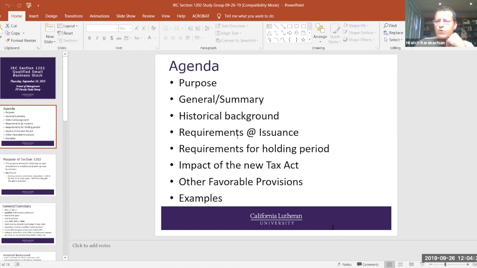And there's two sets of requirements. So there's a requirement at issuance that we'll get into, and there's also a requirement during the holding period. The impact on 1202 of the new Tax Act, there's some sister provisions that would be helpful when applied in conjunction with the 1202, and I have a couple of examples as well.